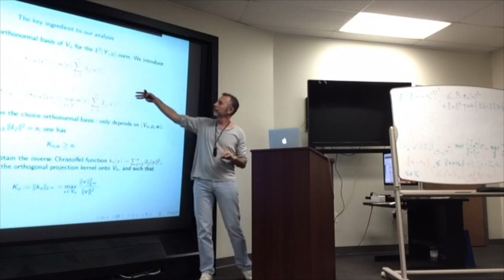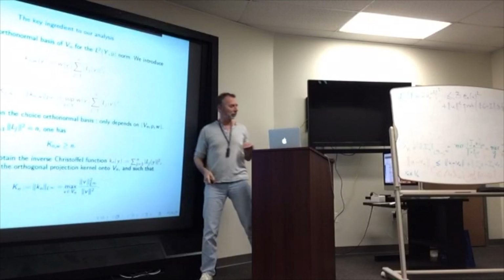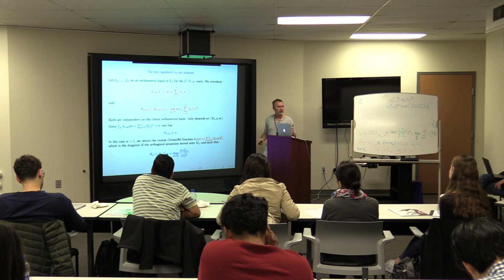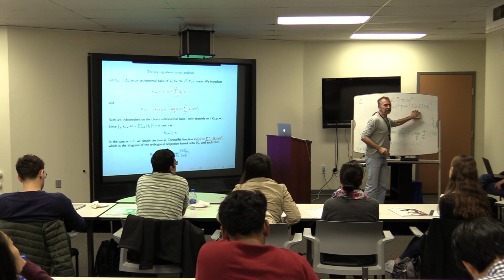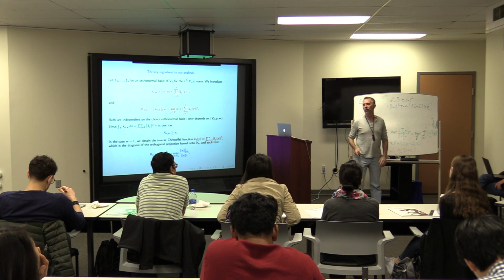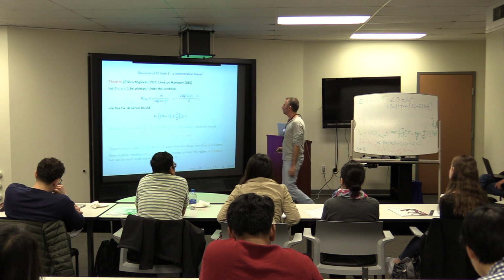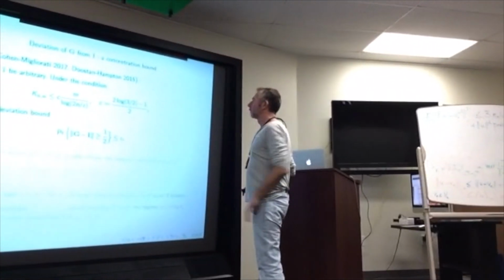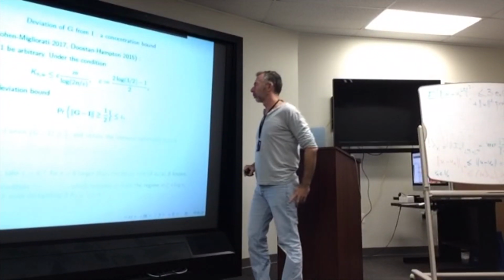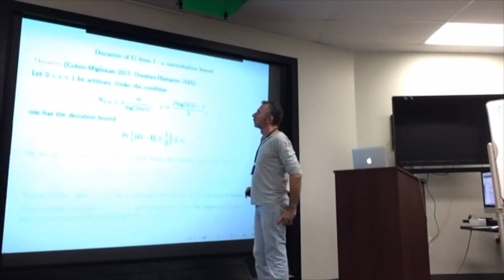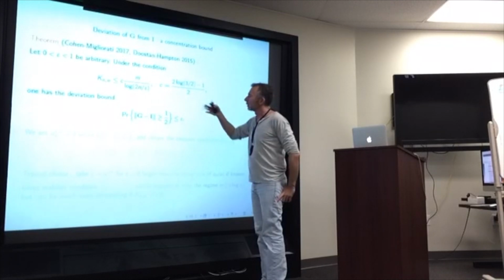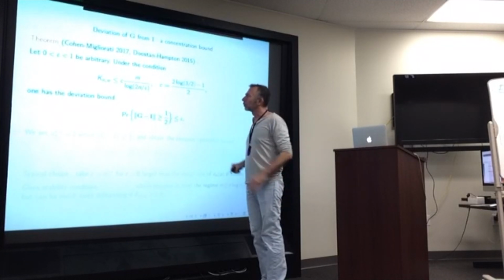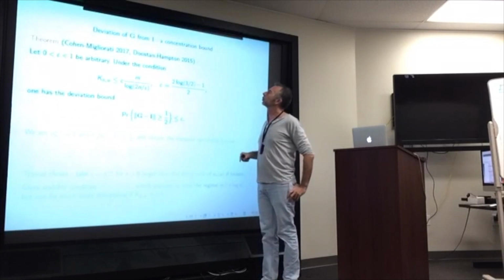But more generally speaking, this is what we have. And now you remember what I want is to have some probabilistic control on this thing. And here is the probabilistic control. So this is the theorem. It was given in a slightly different form, and only in the polynomial context, by Cohen, Davenport and Leviatan.